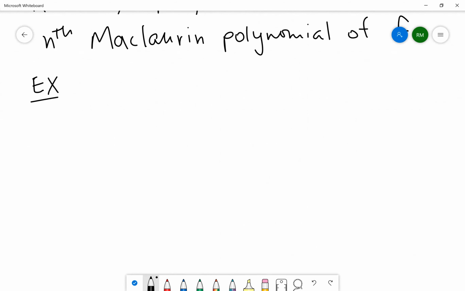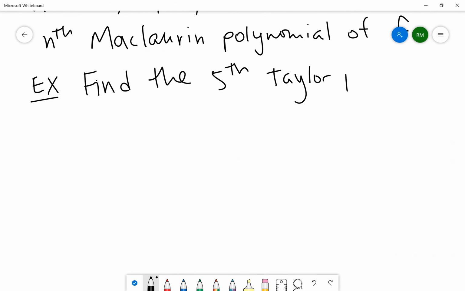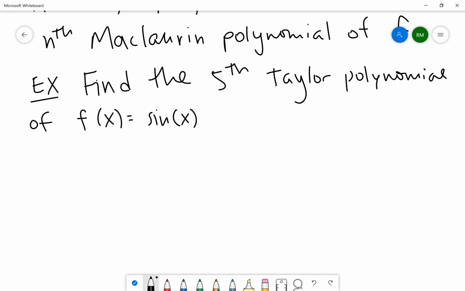Well, we want to find the fifth Taylor polynomial of sine of x when c equals 0.